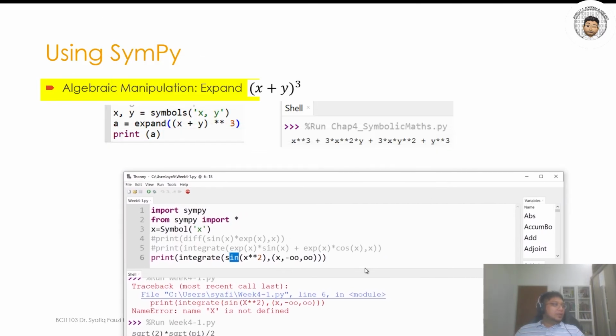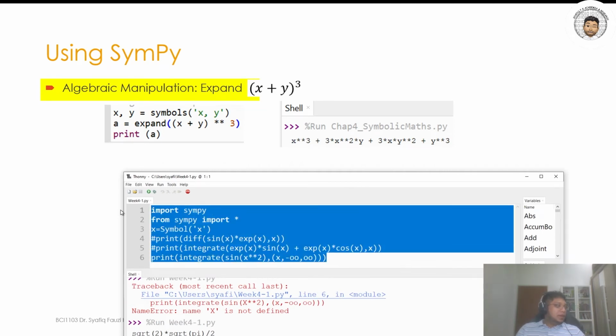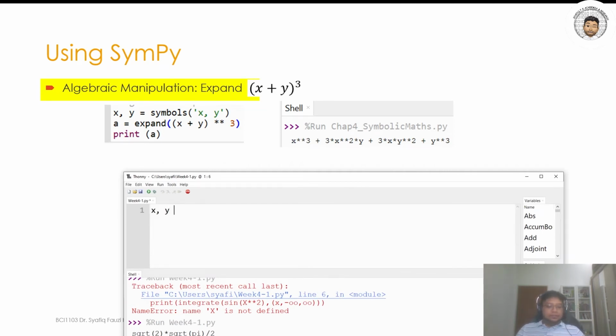Okay, let's use the same code before. Okay, we have x, y equal symbols x, y. And then a is equal expand x plus y power of 3. You have print a.